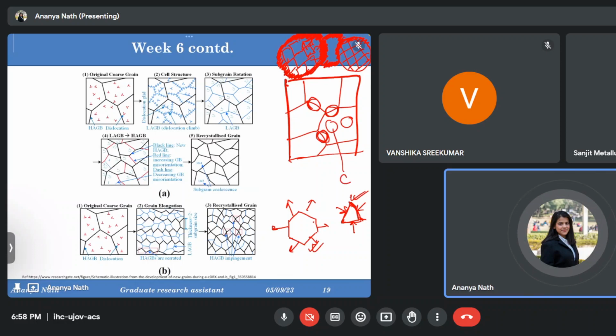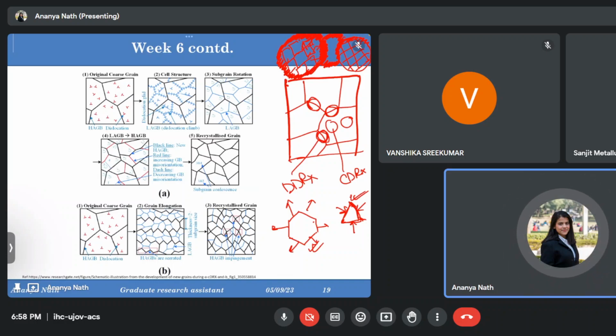So these things are different. DDRX is giving rise to new grains at the grain boundary, but CDRX is giving rise to new grains inside the old grains, because the phenomenon deals with the high angle configuration boundaries, or high angle boundaries.